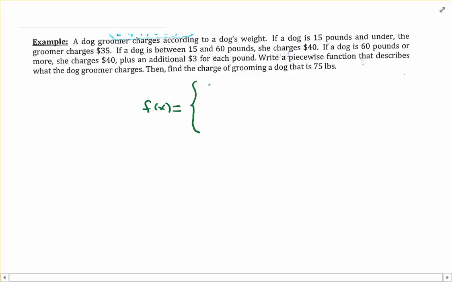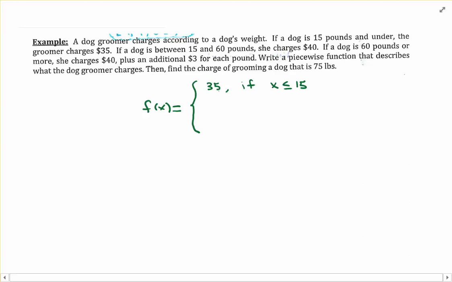So our first charge is $35, and that's going to be if, and we'll say x is less than or equal to 15. All right, if you wanted to be a little more specific and say 0 is less than x, that's fine, but I think it's kind of assumed at this point, so we're okay with just saying x is less than or equal to 15. So for an x value of say 6, we'd use the rule 1 here of 35.